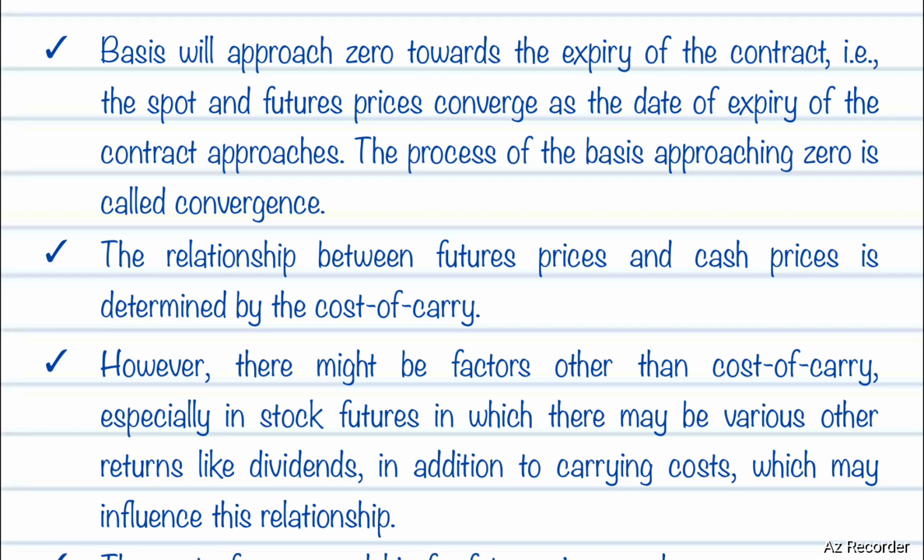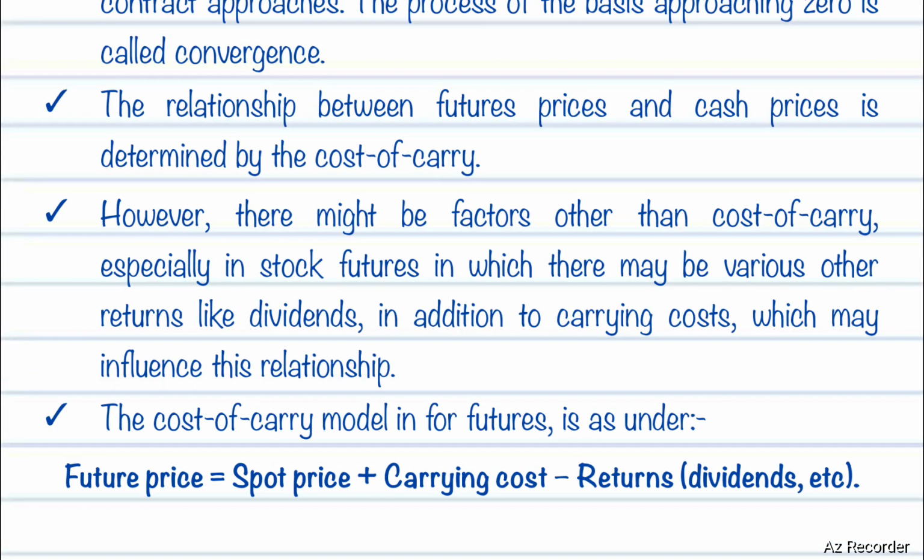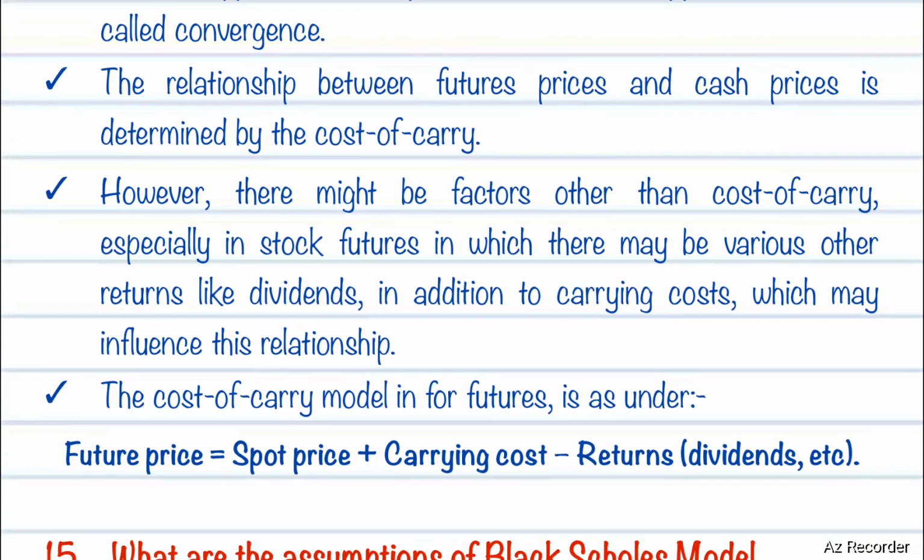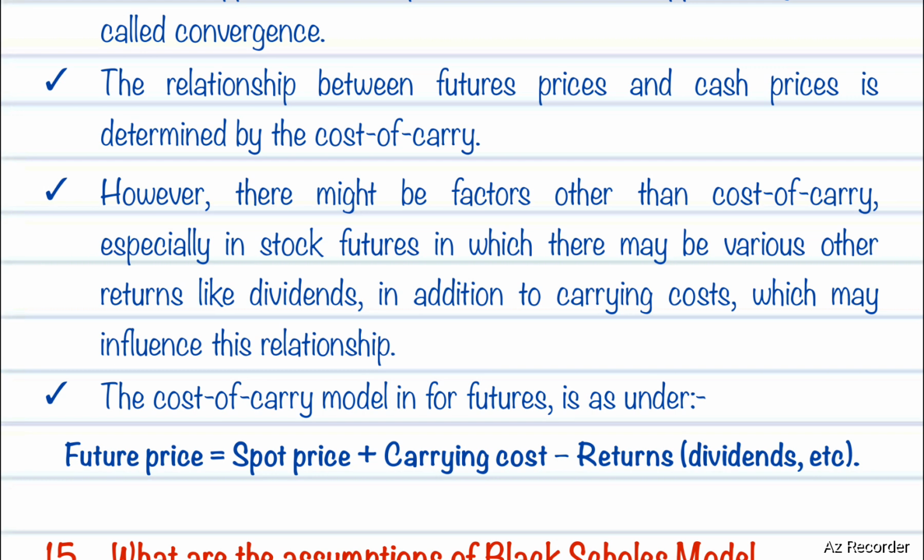However, there might be factors other than cost of carry, especially in stock futures, in which there may be various other returns like dividends in addition to carrying cost, which may influence the relationship. The cost of carry model in futures is as under: future price equals spot price plus carrying cost minus returns, that is dividend.